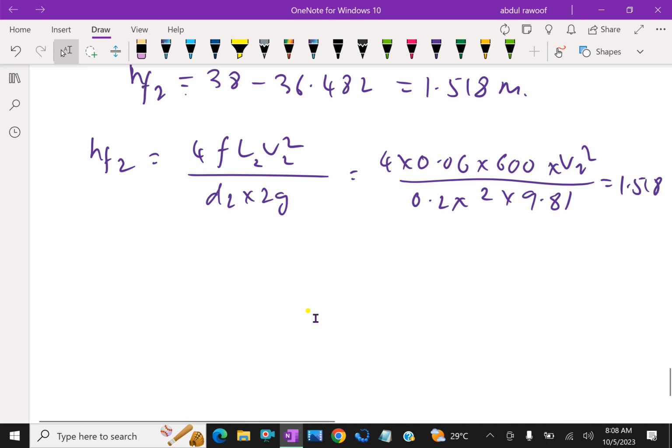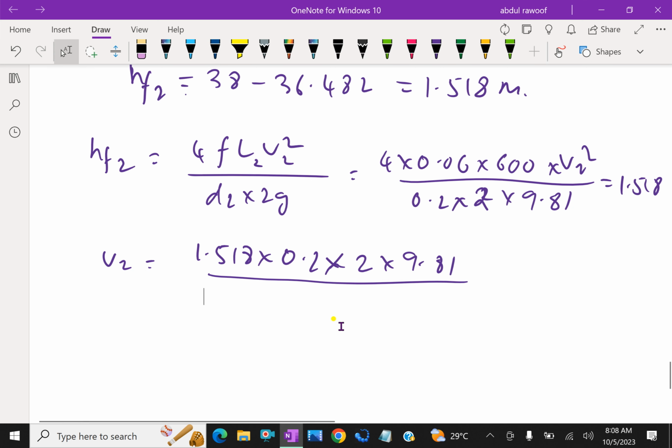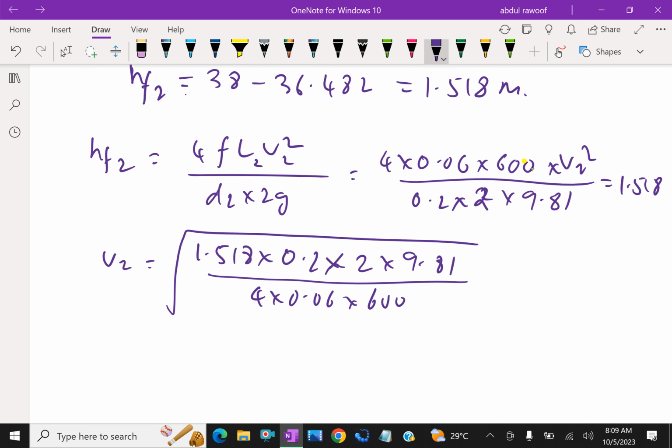From this we can calculate V2. Therefore V2 equals the square root of 1.518 into 0.2 into 2 into 9.81 over 4 into 0.006 into 600, because V squared is given.